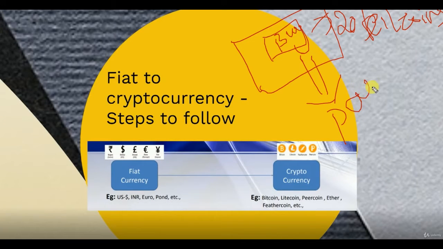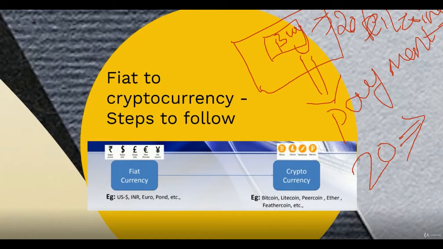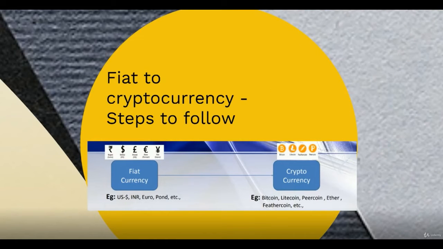When the user makes the payment, you show the rate and the total amount the user needs to pay for the 20 bitcoins. Once the payment is processed, the 20 bitcoins are transferred to the user's address, their Bitcoin or Litecoin address, whatever address they want. So you can create this kind of application.